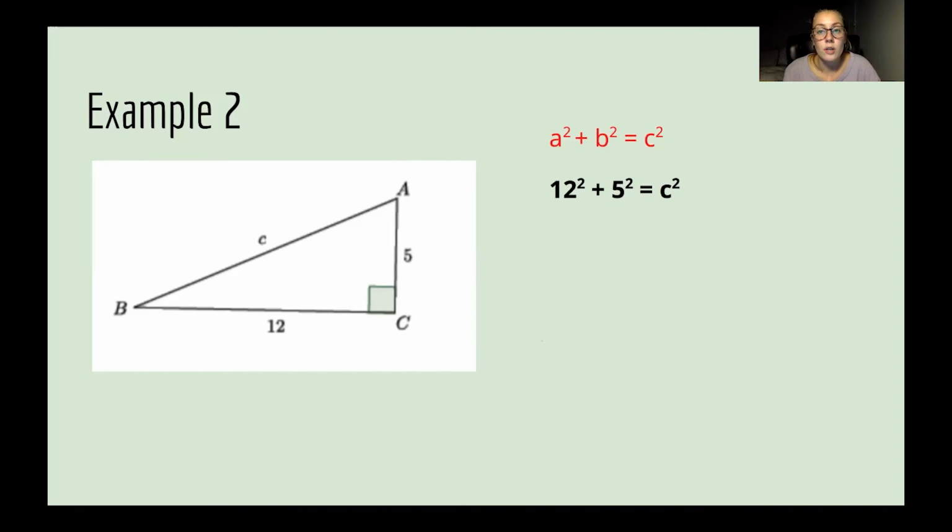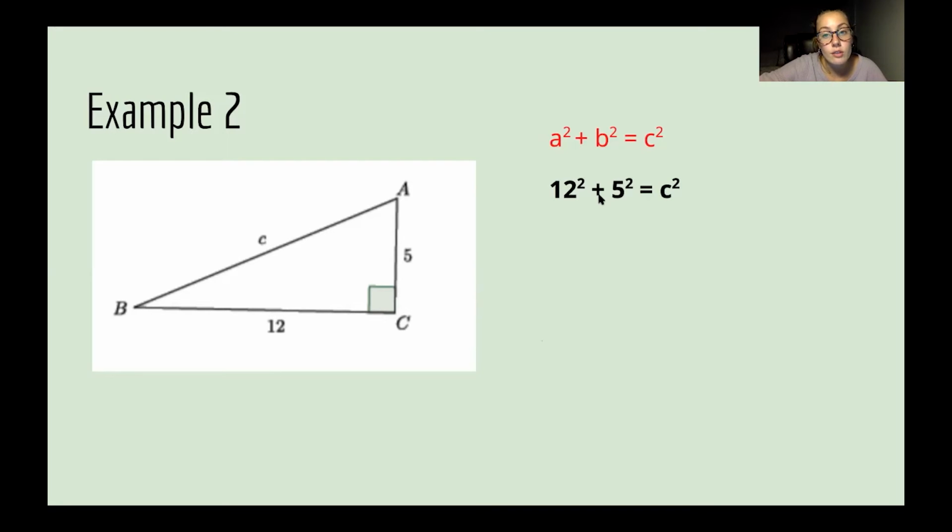Okay, so A squared plus B squared equals C squared. We've got that ingrained in our brains now. I chose to do 12 squared plus 5 squared gives us our C squared. Maybe you wrote it as 5 squared plus 12 squared.